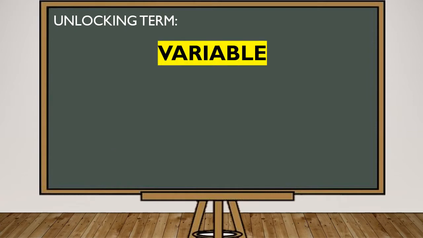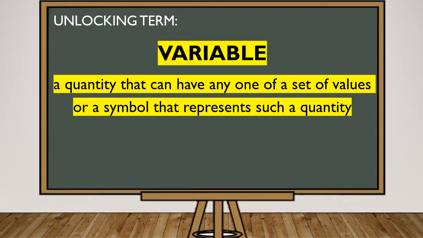Next is variable. This is just a review. A variable means a quantity that can have any one of a set of values, or a symbol that represents such a quantity. For example, we have variables x, y, and z. You can represent any variable using capital letters of the alphabet.